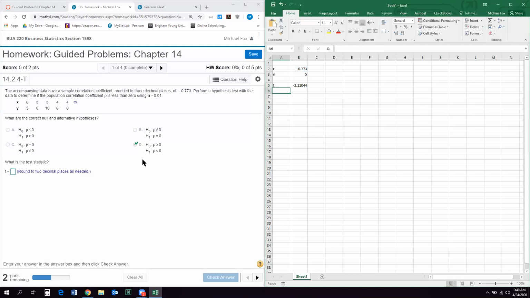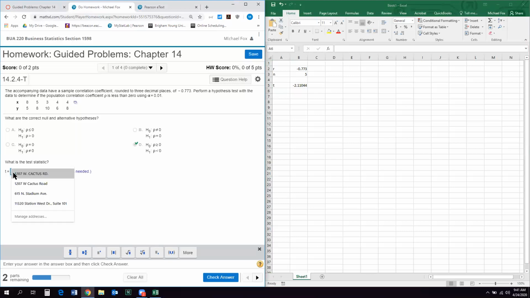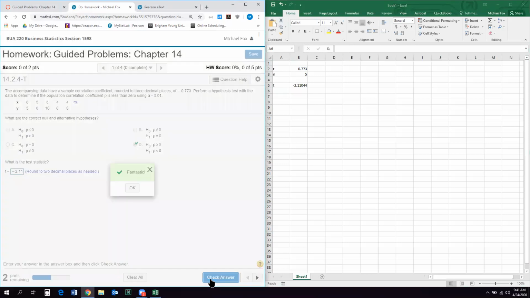There's my t-test statistic: negative 2.11.